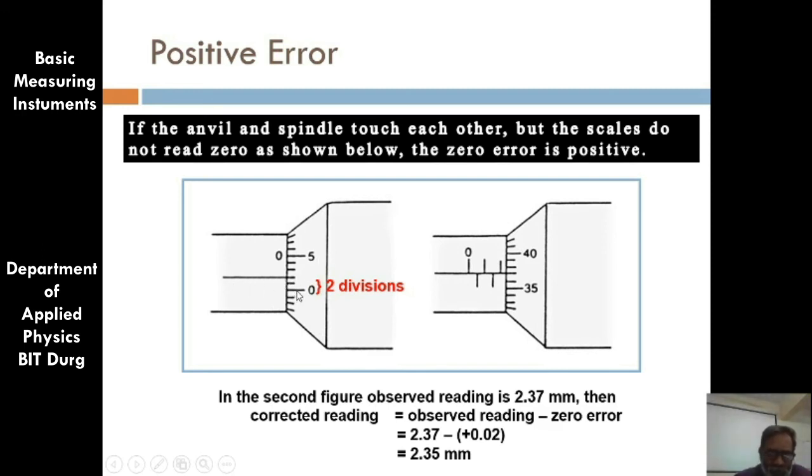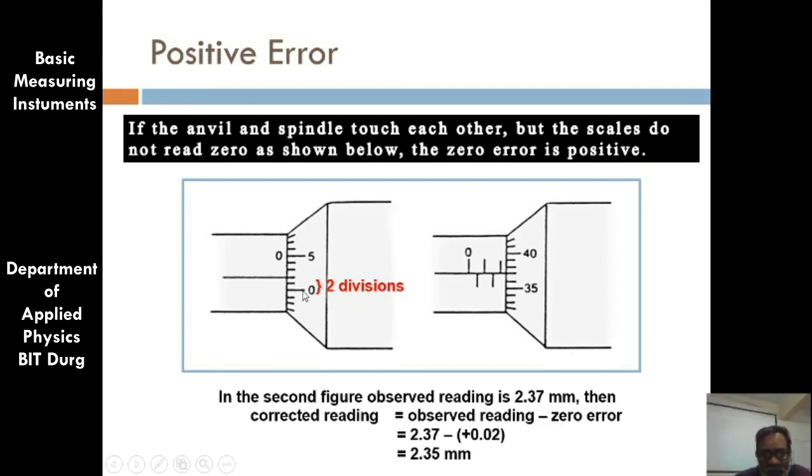And the 0 of this circular scale is still to move 2 divisions to reach the reference line. Means still a certain distance is to be moved to get this reference line exactly coincident with the reference line on the main scale.